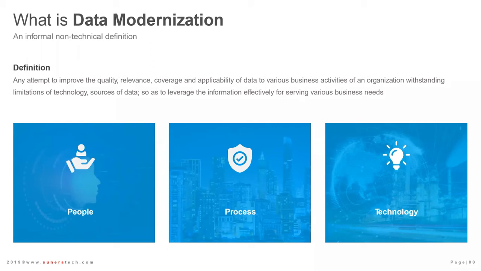These are the two primary drivers where organizations are looking to utilize their data so that they can bring these efficiencies as well as generate more revenue. And there are three pillars which we believe in: people, process, technology. These three go hand in hand in order to bring that value. Whatever effort is happening around this data is called data modernization.